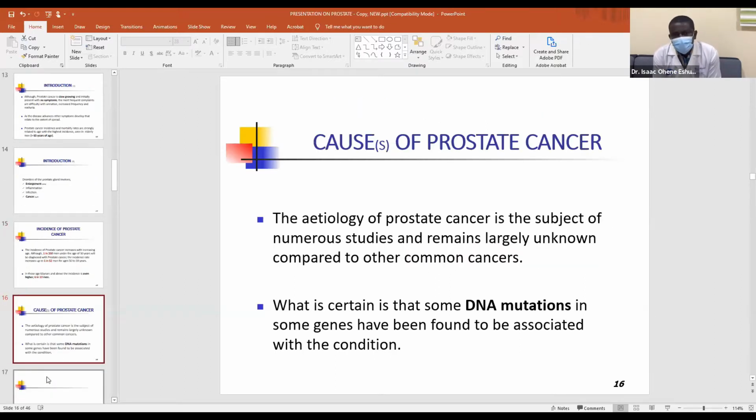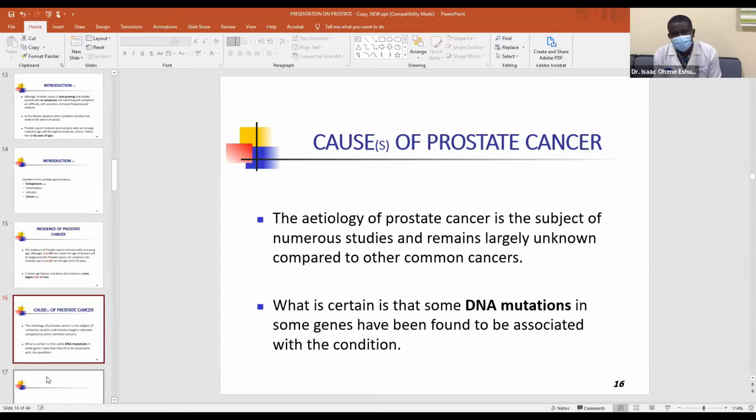Now, what is the cause, or what are the causes of prostate cancer? The cause of prostate cancer is still not known. They know to some extent some of the changes that will lead to prostate cancer, but emphatically, it's still under study. So it's a subject of numerous studies and remains largely unknown.